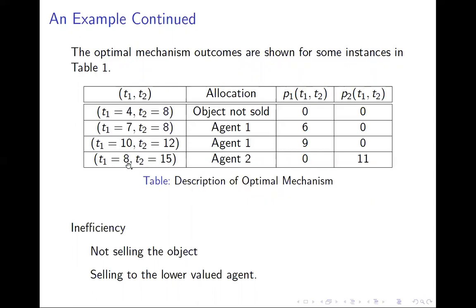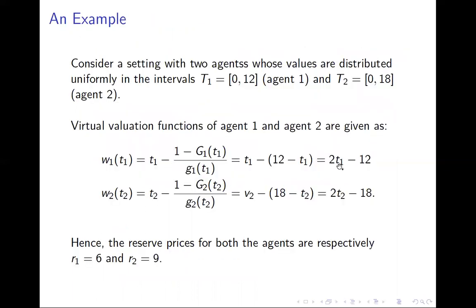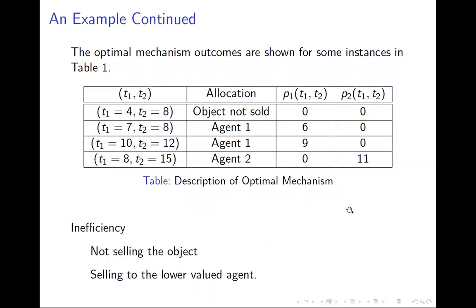Okay. The last one is T1 equal to 8 and T2 equal to 15. In this case, agent 1's virtual value is 4 and agent 2's is 12. So agent 2 wins in this case. Agent 1 pays 0. What is the least type at which agent 2 wins?